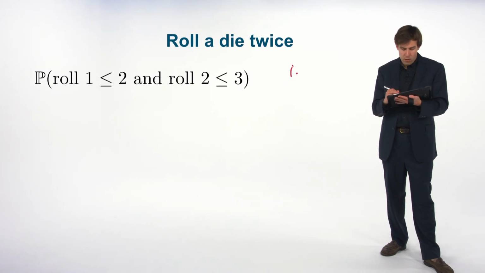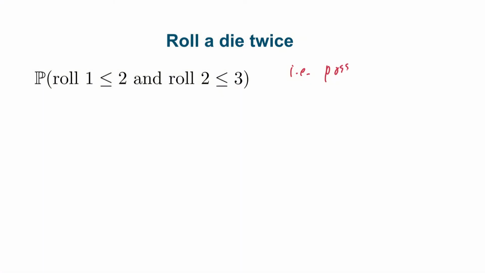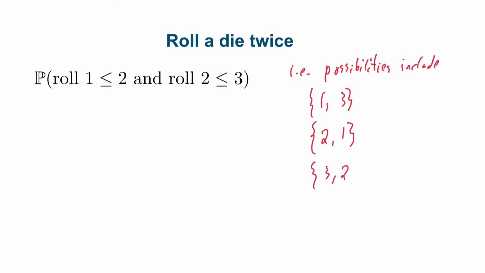So for example, possibilities include 1 and 3, 2 and 1. 3 and 2 is not possible because this would not satisfy the first condition. I need my first roll to be less than or equal to 2. So I have an AND condition here.